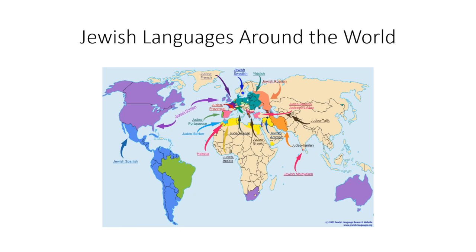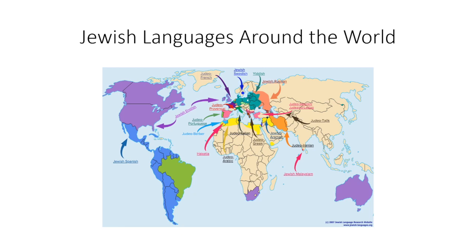And you can see how it travels from Spain up into the Netherlands, down across the Mediterranean into Greece and Turkey, and even into North Africa, the tip of North Africa in Morocco, where it is known as Haketia, which is a dialect of Ladino.